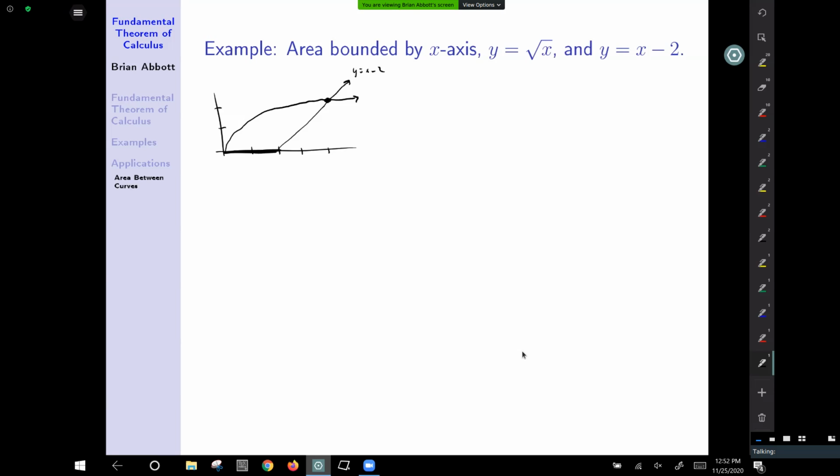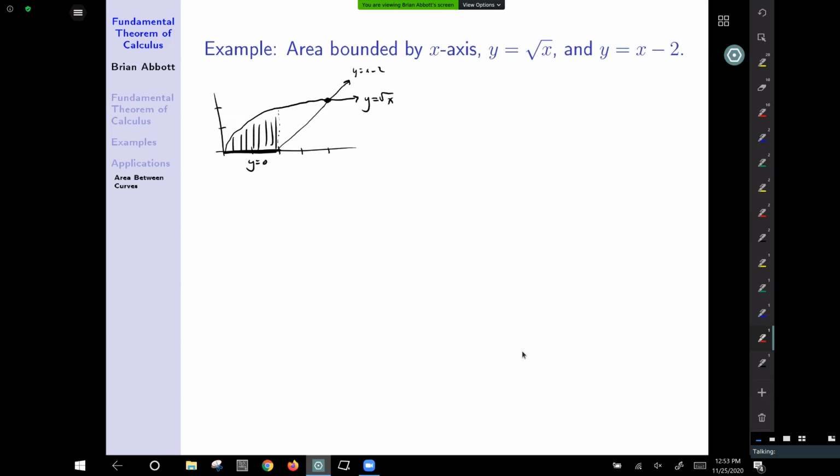And so now we have to ask ourselves, what is the top function and what is the bottom function? Well, it sort of depends where you're looking. And maybe you can see where we're headed here. But if I look at this area, then my top function is going to be the square root of x. And then my bottom function is going to be the x-axis, which is y is equal to 0.